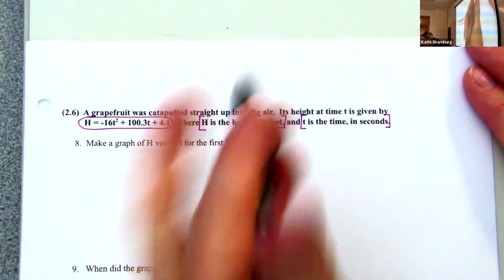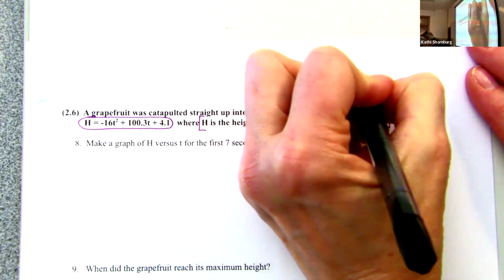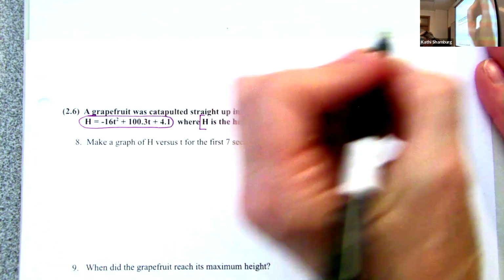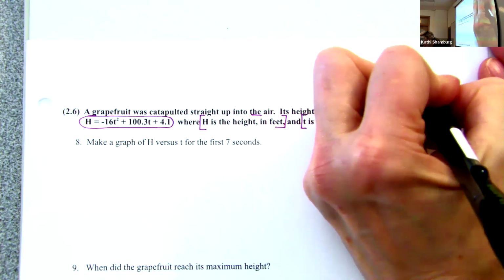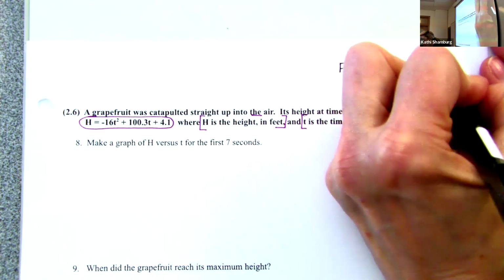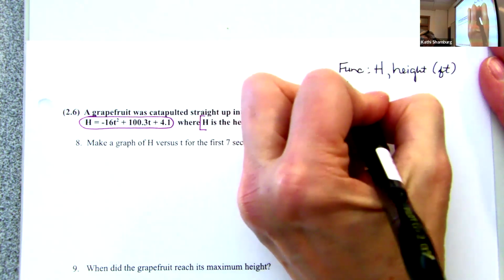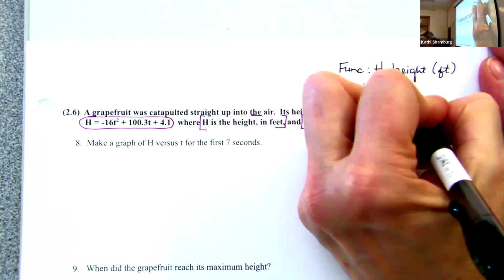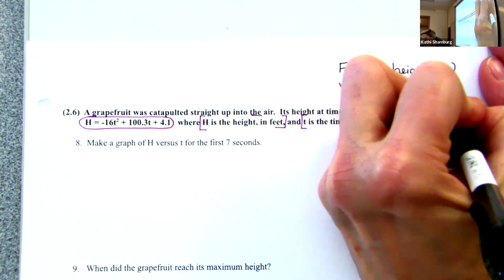So hopefully that doesn't take you long to find. So h is height, feet, variable is t, which is in seconds.